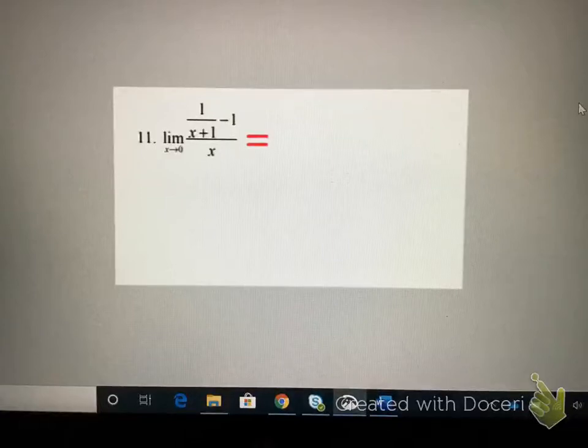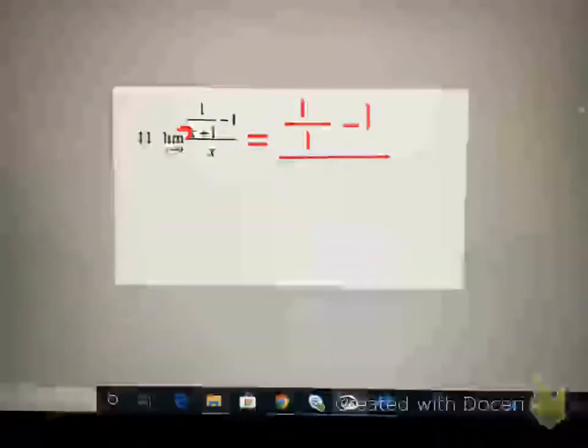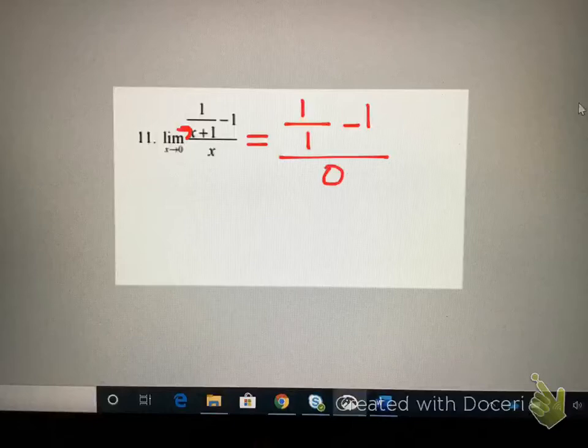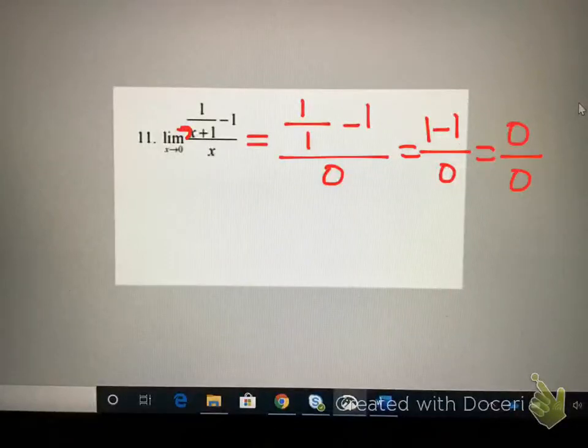When you plug 0 into this equation, you get 1 over, plug 0 in right there, and you get a 1 in the denominator of that embedded fraction. And so you get 1 minus 1 over 0, and so you get 0 over 0 again.